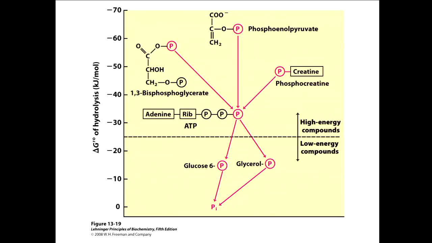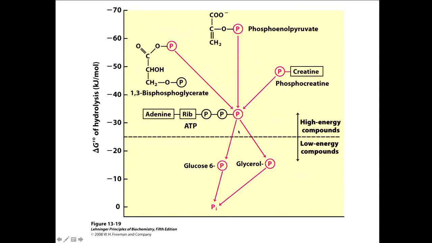Okay, and this little chart's kind of nice because this just illustrates the idea that you have ATP, and ATP can give its phosphoryl group to things like glucose or glycerol, or just give it off as inorganic phosphate in a solution. But there are these other molecules up here, some of which we talked about, that have an even higher free energy change of hydrolysis, and they can give their phosphoryl group to ADP to make ATP.